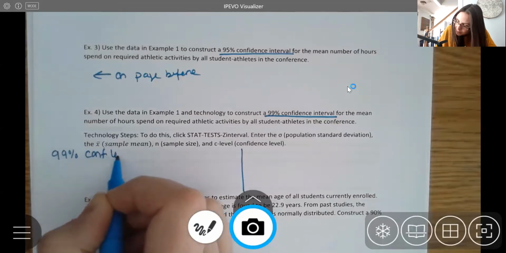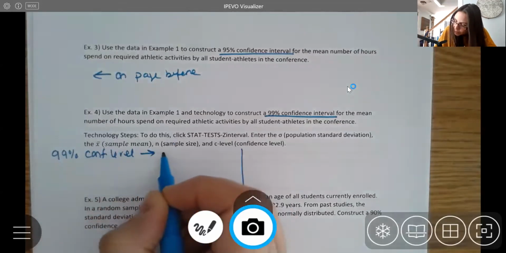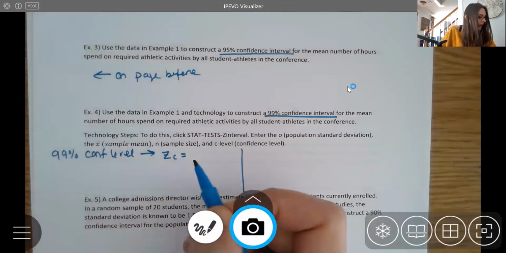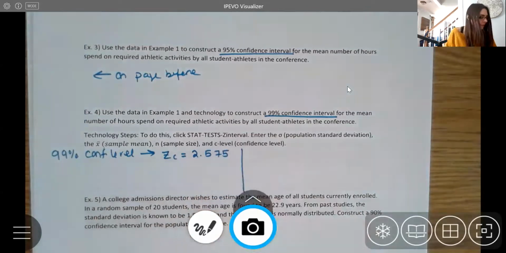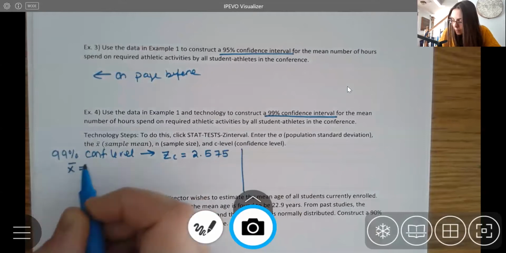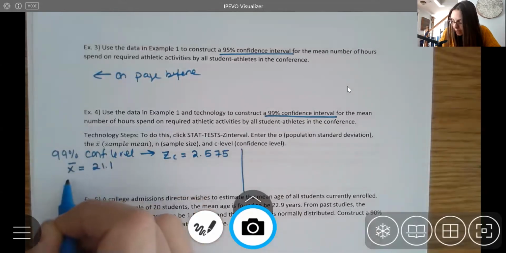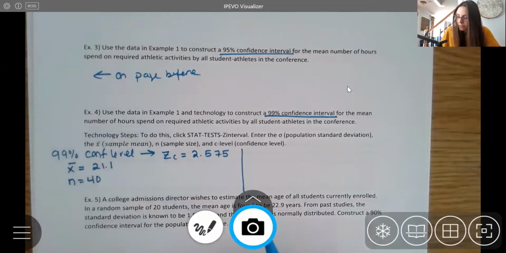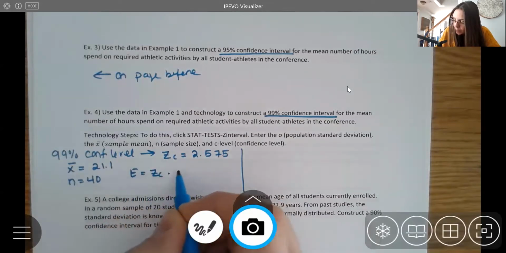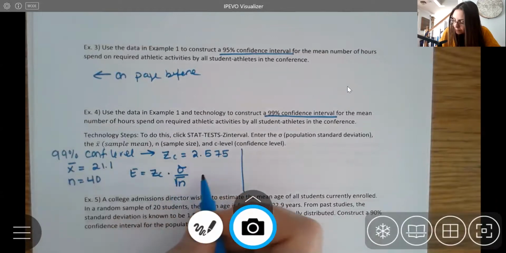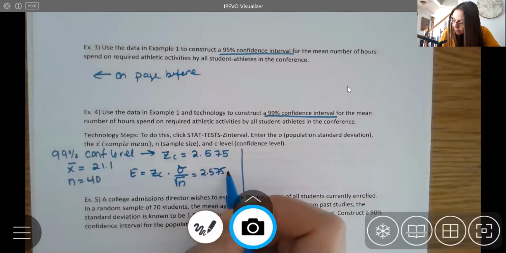So for the 99% confidence level, our Z value, which I gave you already, is going to be 2.575. Our X bar was 21.1 and our n was 40. So the error, again, is that Z score times your standard deviation over the square root of n. So we have 2.575.